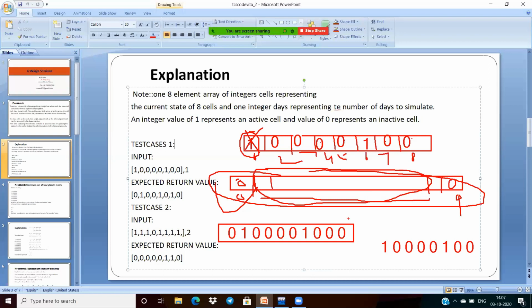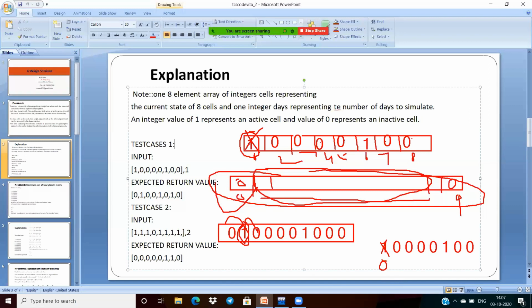Now see how I'm modifying it. If I take this 1 as my cell value, whose left and right are 0 0, then if left and right are 0 0, I can modify this 1 to 0. So that is why I make this change to 0.